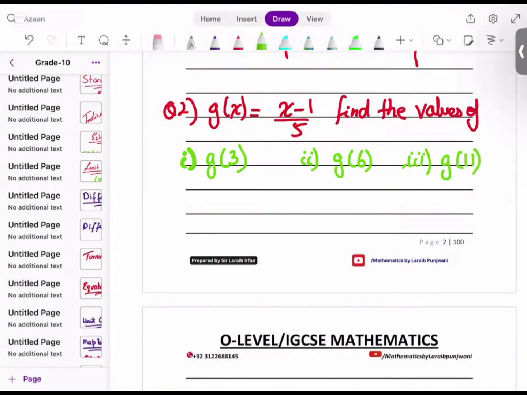So now in this, we have to put the values in function g. The first part, we have to put 3. So when I put 3, 3 minus 1 divided by 5, 3 minus 1 will be 2. The 2 over 5 will be the answer of part number 1.